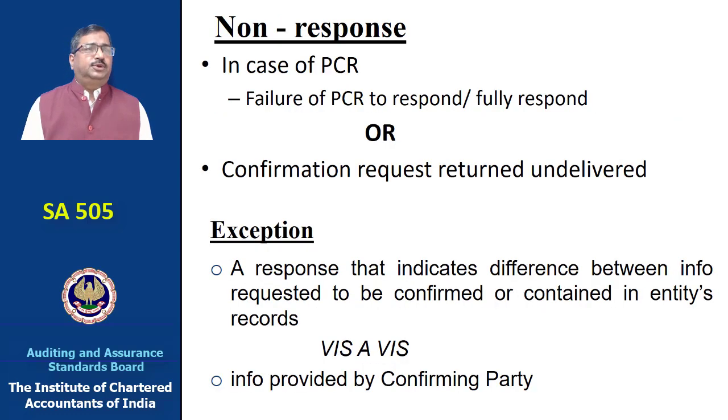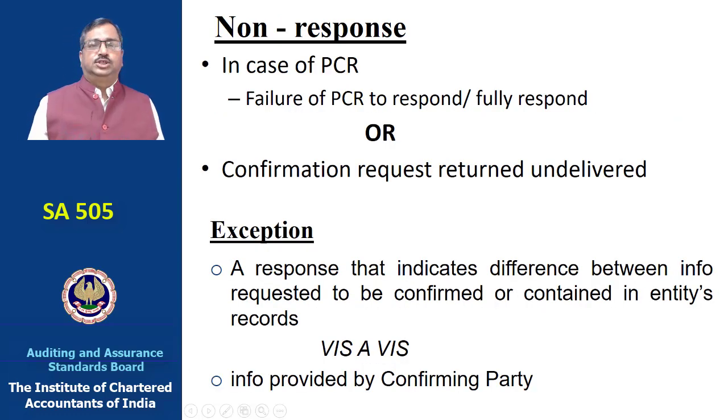When the auditor does not get a response from the confirming party to a positive confirmation request, and there is a failure to respond, it is considered a non-response to the confirmation request, and there may be a possible risk of material misstatement.